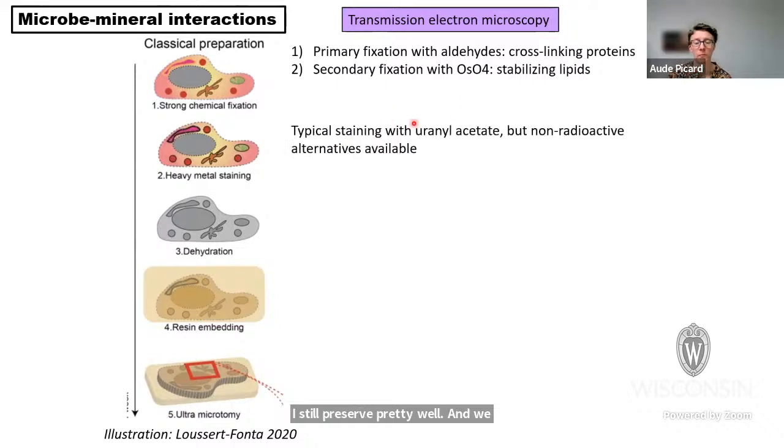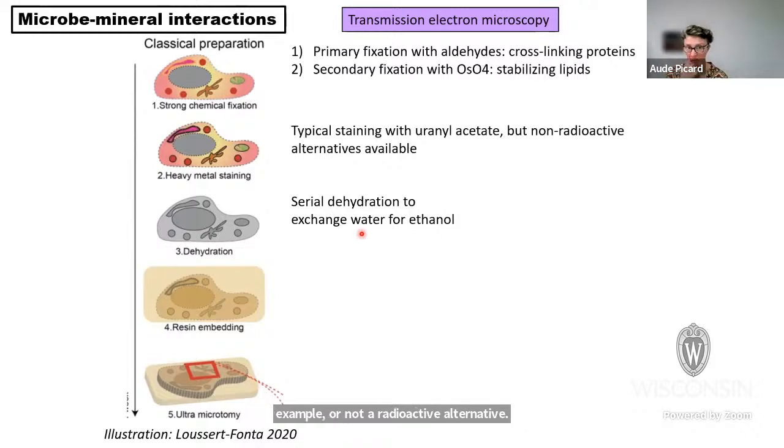Then we need to do some heavy metal staining because the cells are mostly made of water or light elements. If you look at cells under a microscope, they're almost transparent. So we increase the contrast by using uranium, for example, or a non-radioactive alternative like lanthanides. Then we have to dehydrate the sample because electron microscopes are under a very high vacuum, so we need to remove the water.